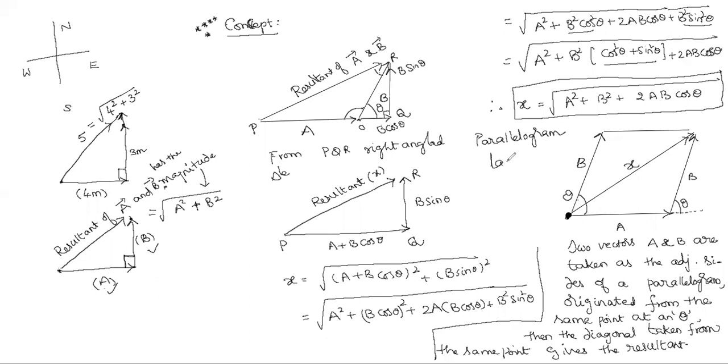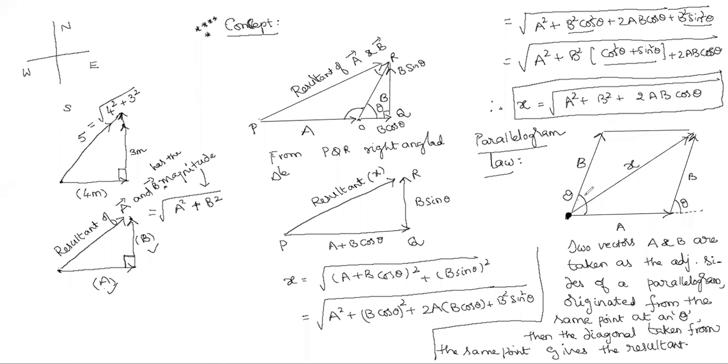Then state the statement of this parallelogram law. Then we should write it. We have to write it or not? Yes, sir. So here, the two vectors are taken, originated from the same point or not?